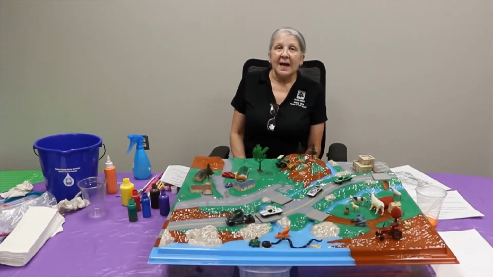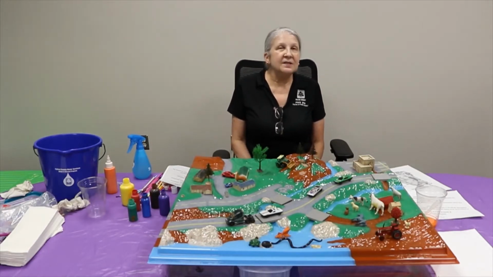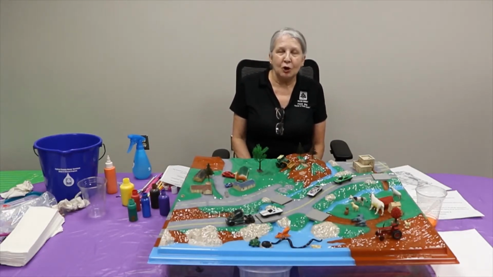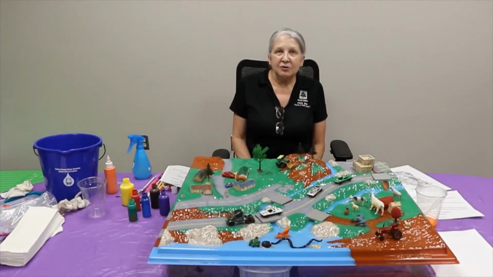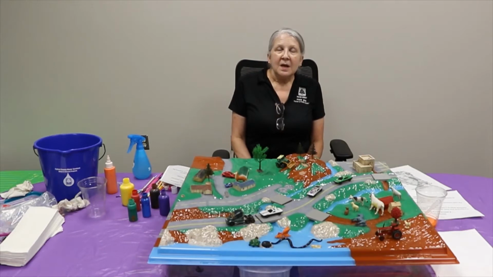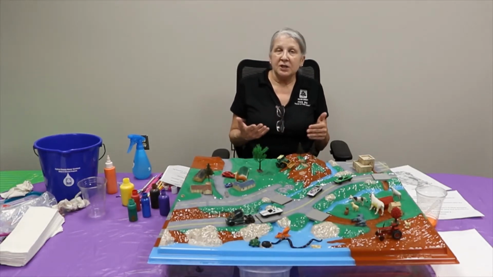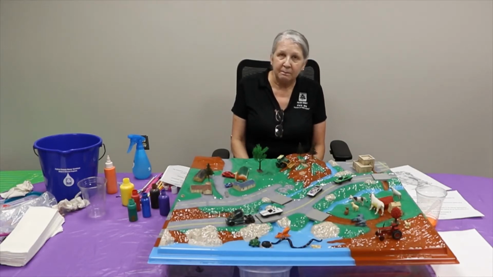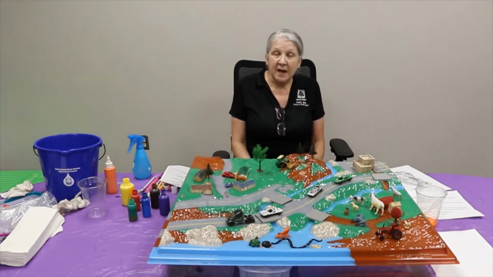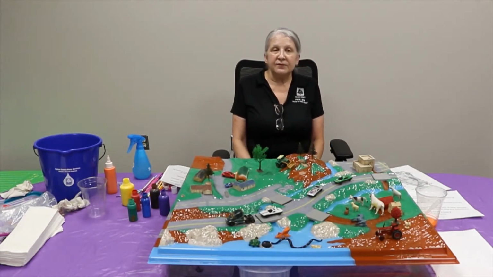Now, Georgia has a lot of watersheds, but it has 52 main large watersheds. The Chattahoochee River is actually a watershed. It's called the Chattahoochee Watershed, and it's one of the longest in Georgia, and it's fed through different streams.